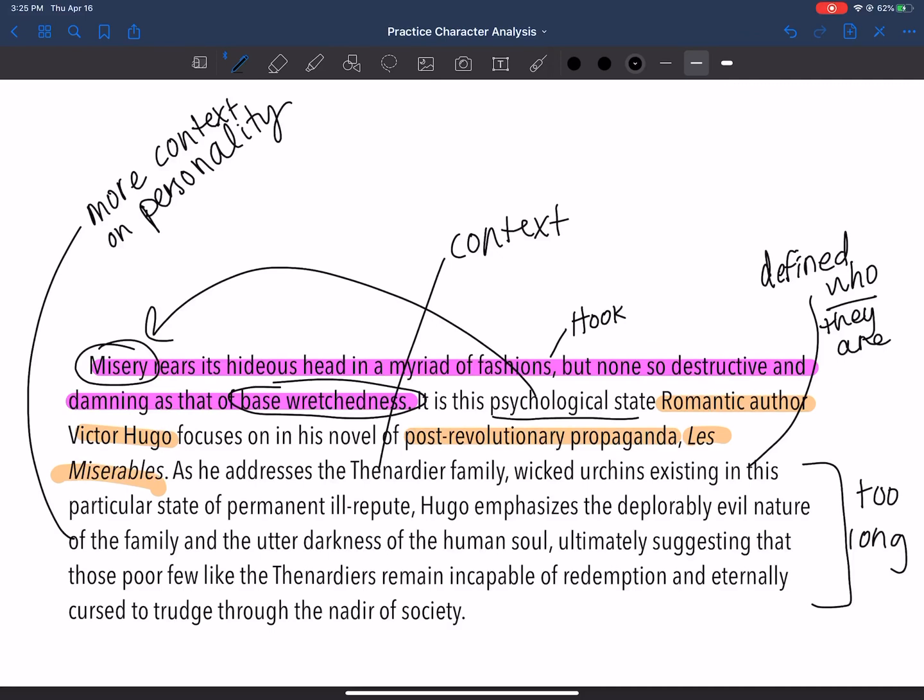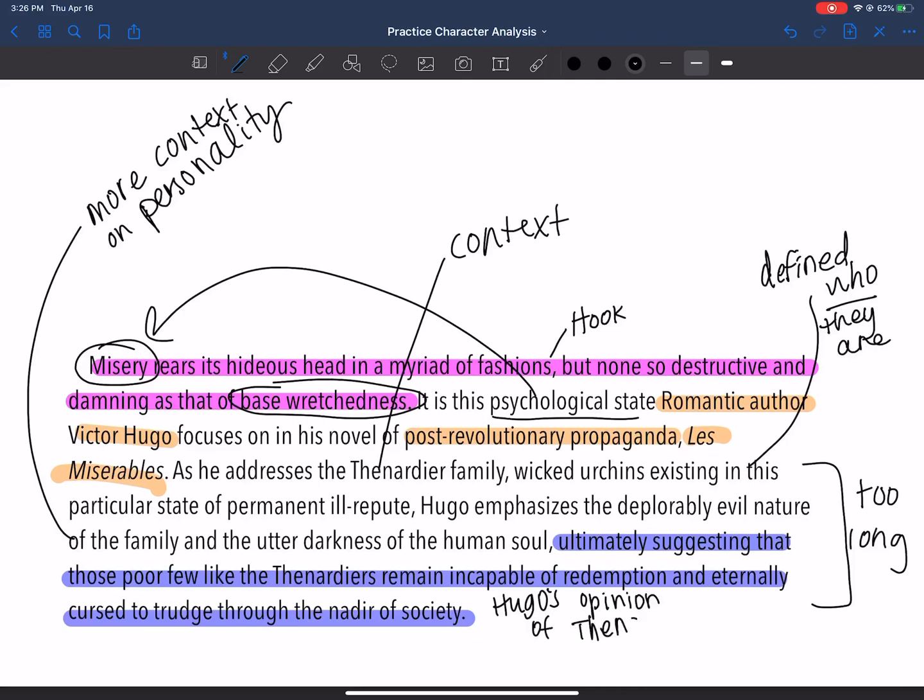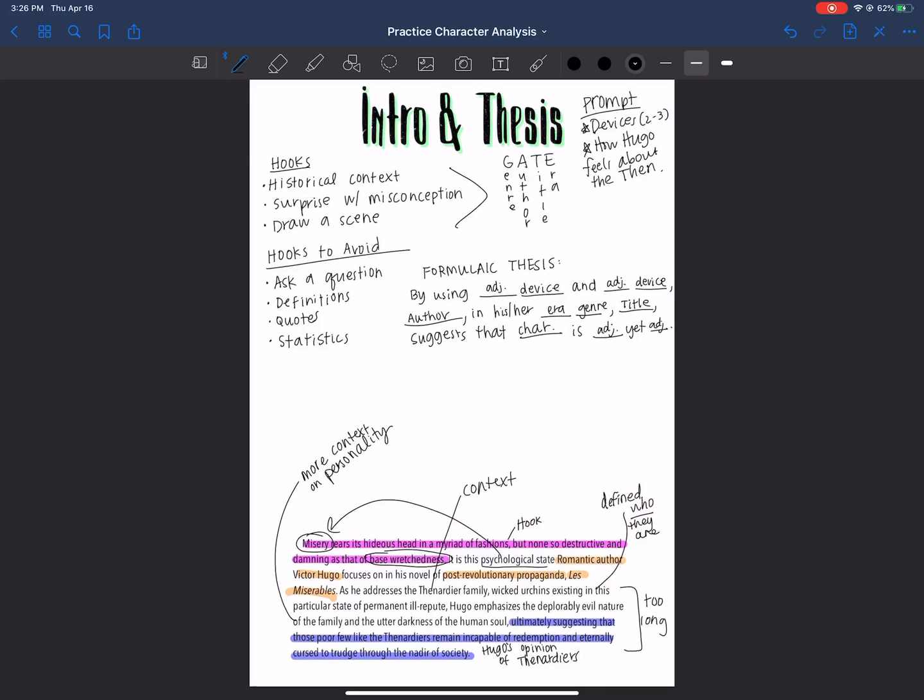And then this last part down here, ultimately suggesting that those poor few like the Thénardiers remain incapable of redemption and eternally cursed to trudge through the nadir of society. So here I have Hugo's opinion of Thénardiers. And remember, that is one of those parts of the prompt that we talked about up here.